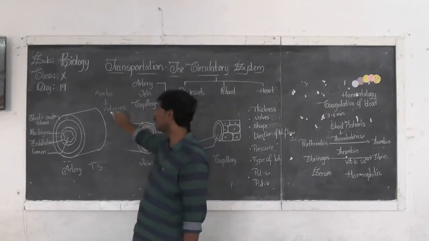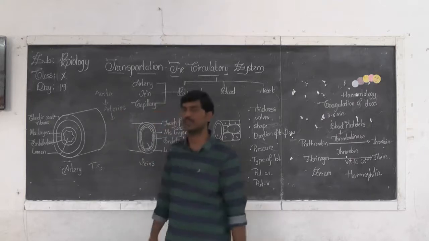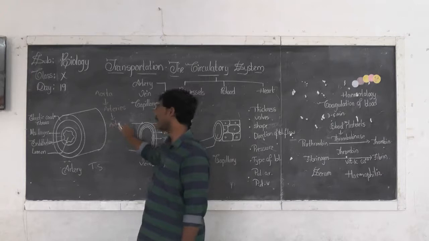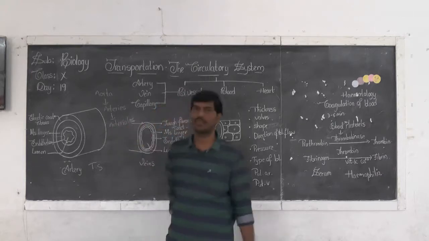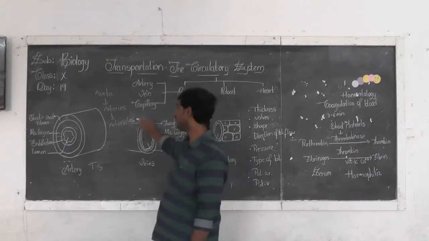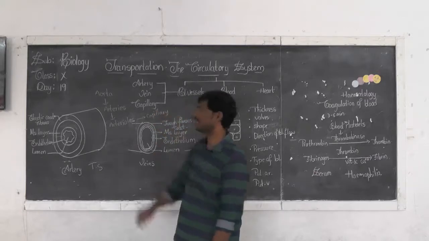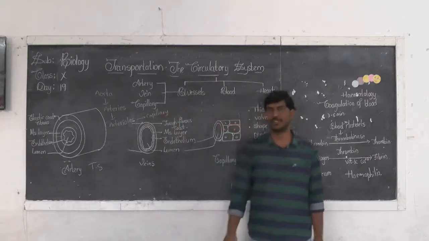These arteries further divide into smaller branches which we call arterioles. These arterioles end with capillaries. Aorta, the largest blood vessel.